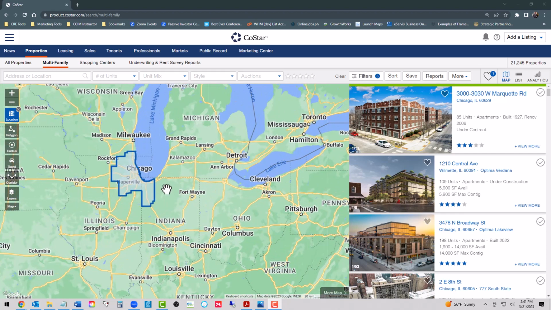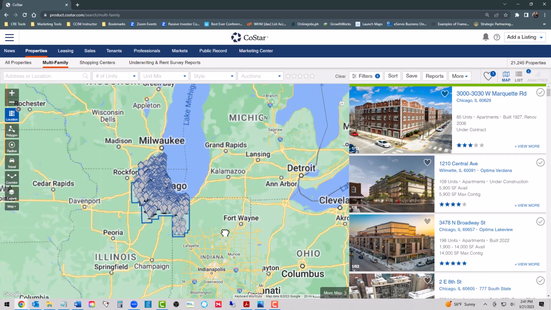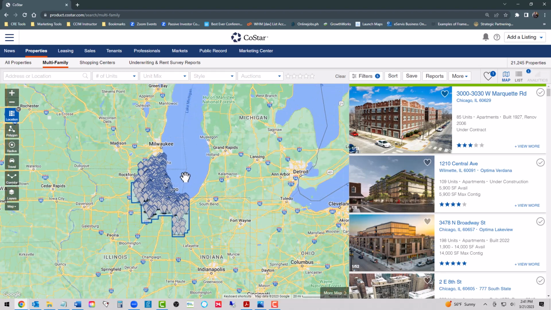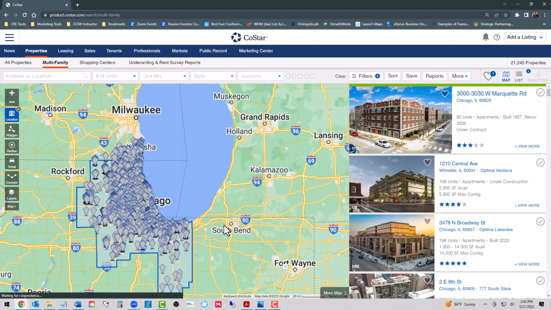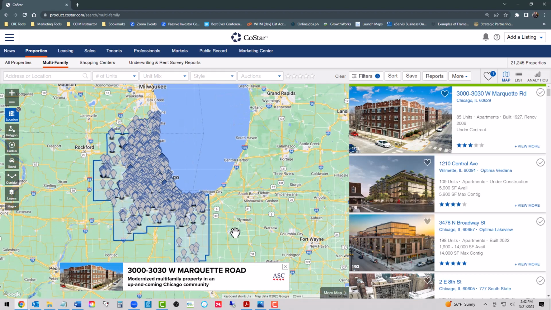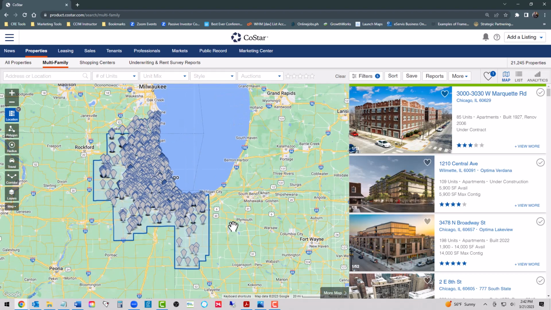Let's scroll in a little bit to Lake Michigan here and see how this metro statistical area is drawn out. And as we can see, thank you, CoStar, for doing that for us, the metro statistical area dips into Indiana. So we have the Indiana state line right here, and you can see the Indiana state line over here as well.